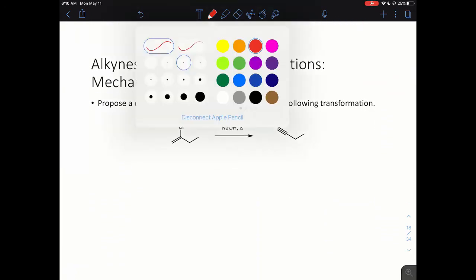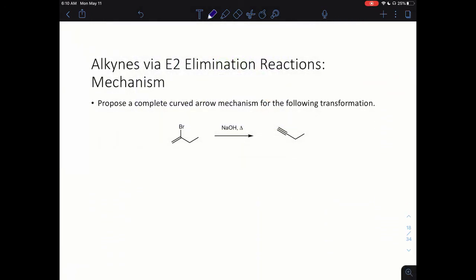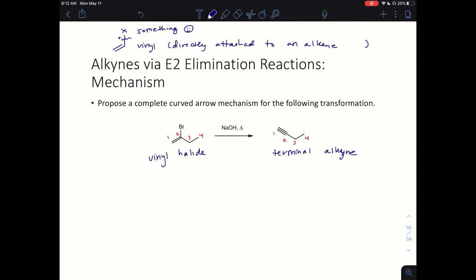So we're going to think more about these acetylide ions that we made from terminal alkynes. Before we get to that, let's take a look at this transformation. Why don't you pause and try this one? So in this example, a vinyl halide is being converted to a terminal alkyne. We can see that HBr is eliminated from the molecule, and we have sodium hydroxide, which is a base.